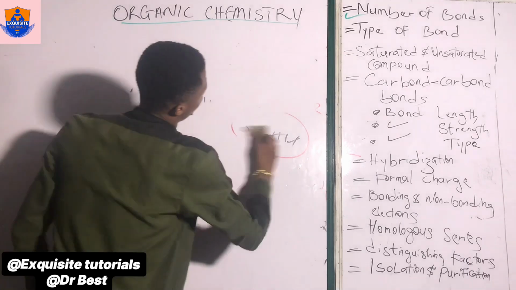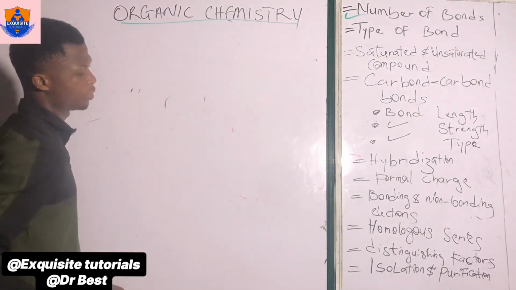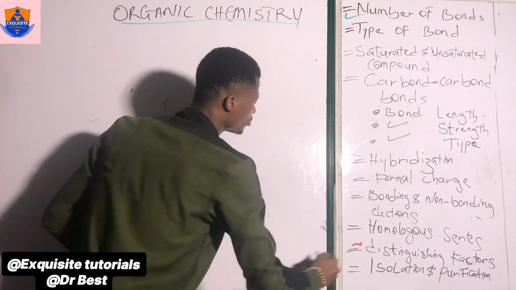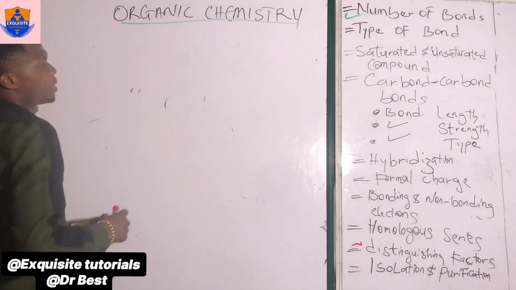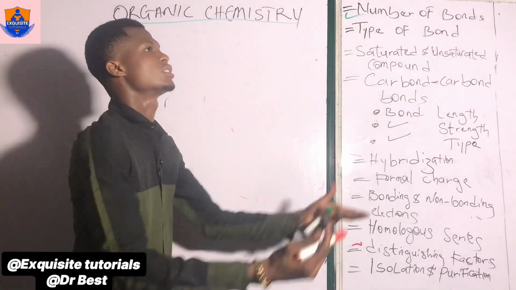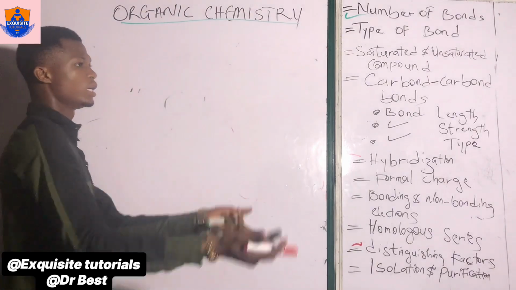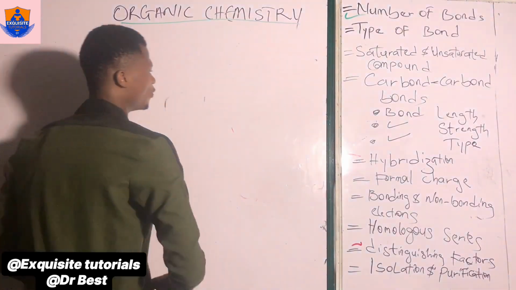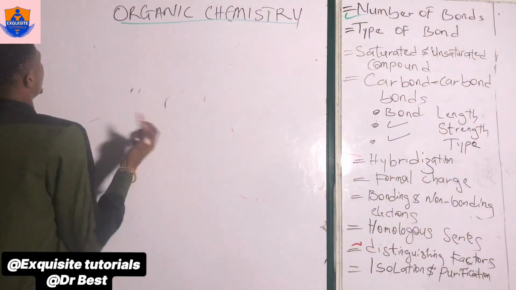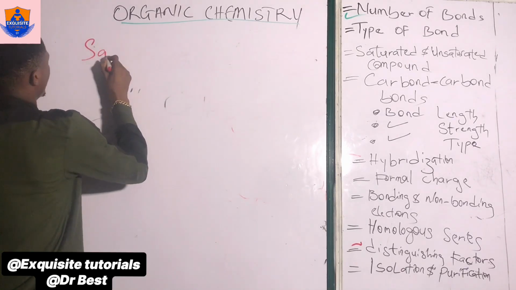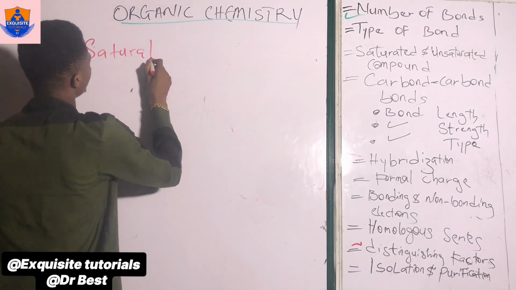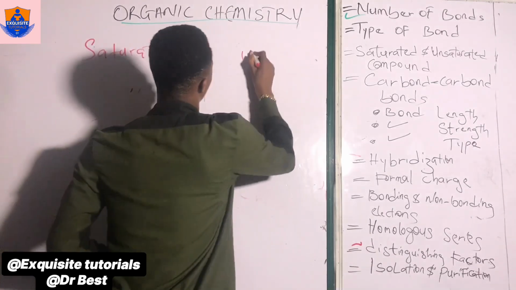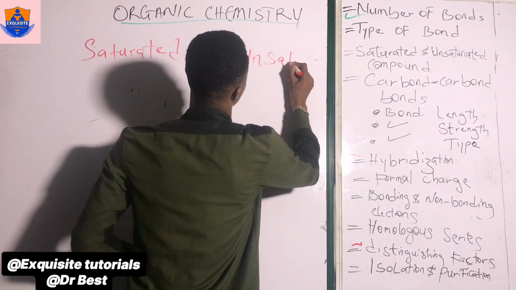Now let's take one more thing or two more things before we call it a day. Distinguishing factors. How do you distinguish or differentiate between each group of organic compounds? Now we're going to distinguish between saturated and unsaturated compounds.